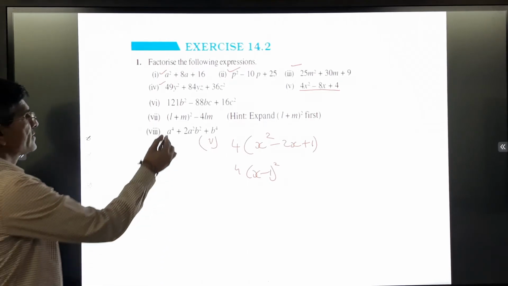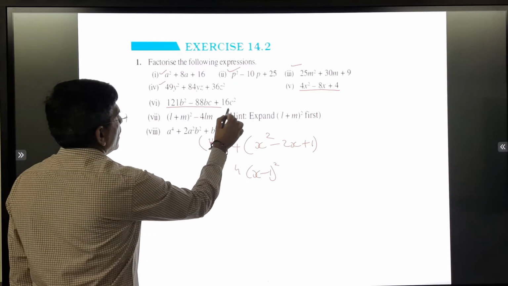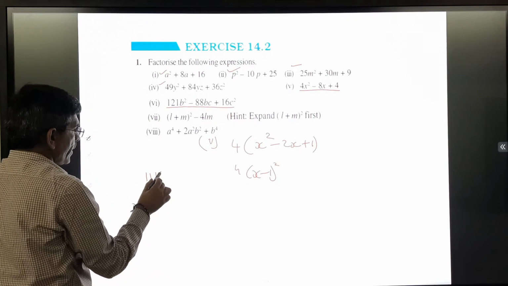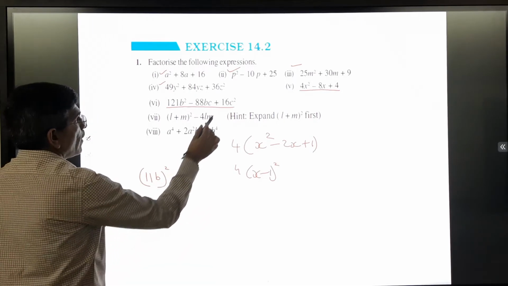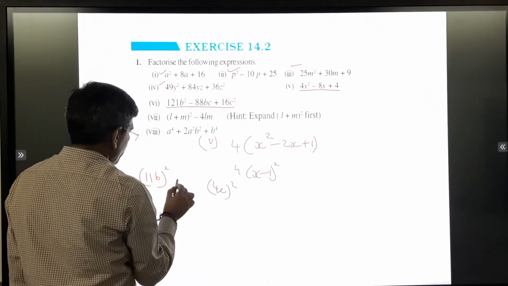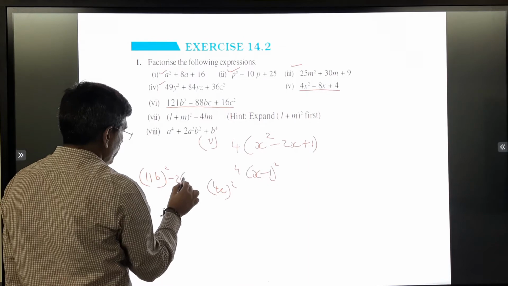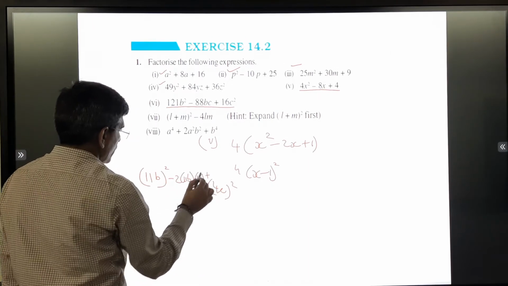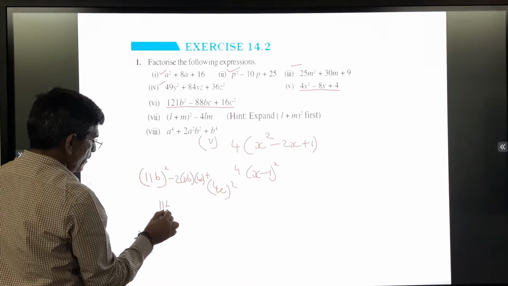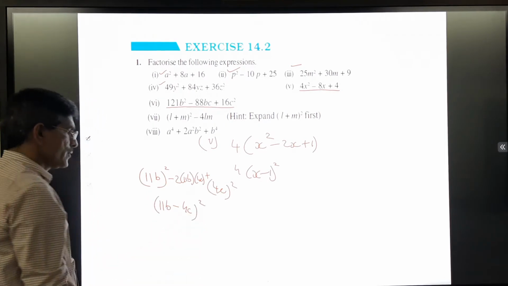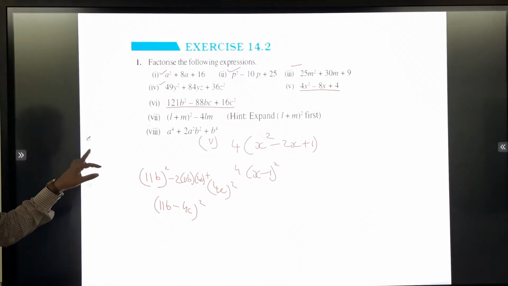Now 6th: 121 is 11b whole squared, 16 is 4c whole squared, and in between I write 2 into 11b into 4c. So 11b minus 4c whole squared.